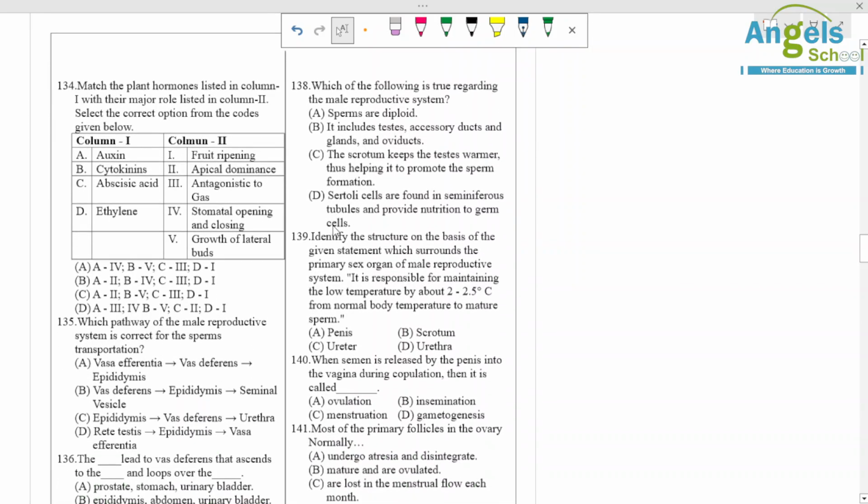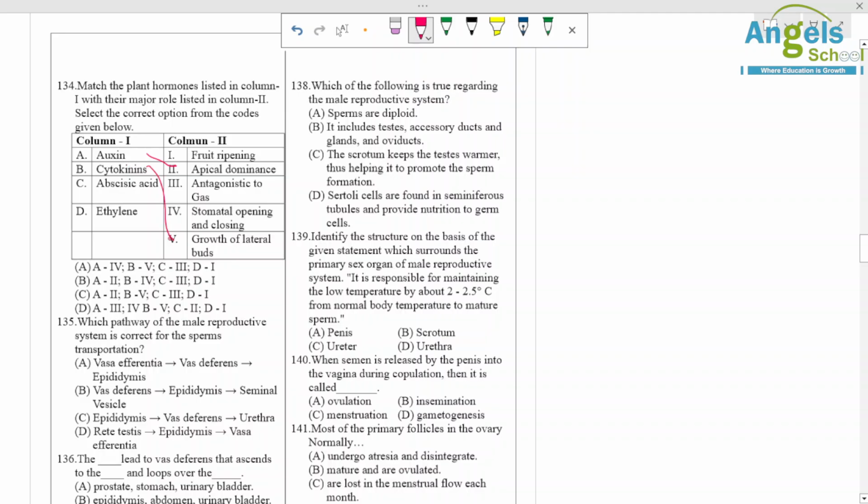Again, match the column. Question number 134. We have to match a plant hormone and its function. Auxin is responsible for apical dominance. Cytokinin is responsible for growth of lateral buds.